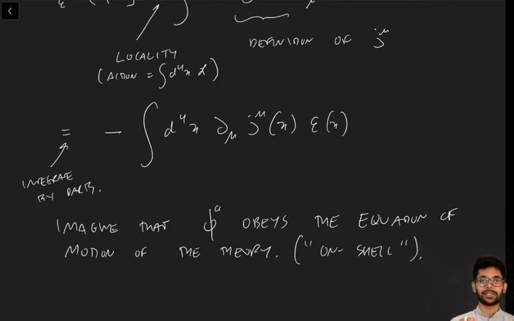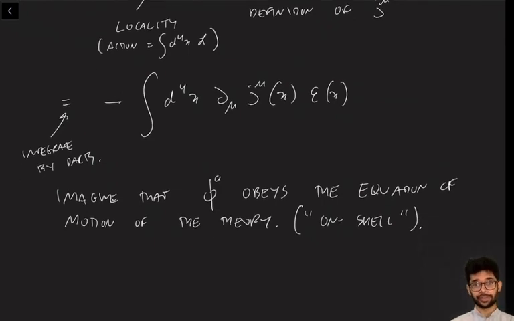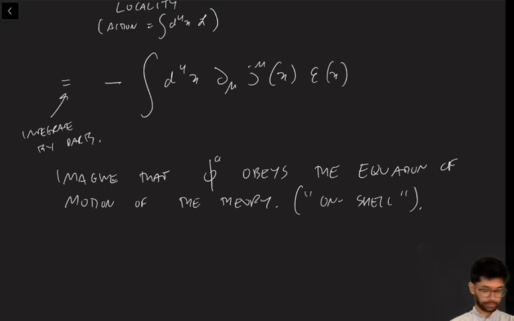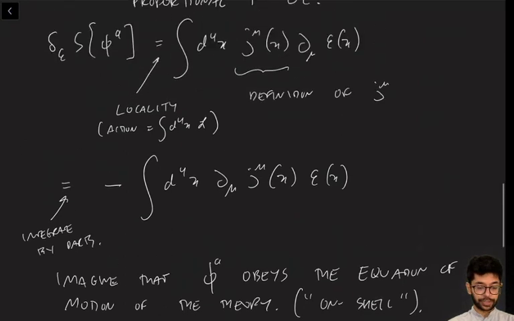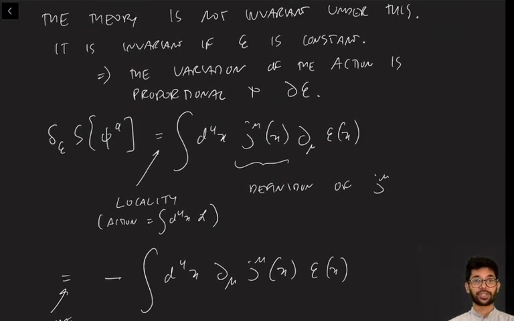In that case, the variation of the action under all variations of the fields vanishes. That's the definition of something obeying the equations of motion. In particular, this is true for all variations. And in particular, it's also true for this particular variation, which is arising from the symmetry transformation.